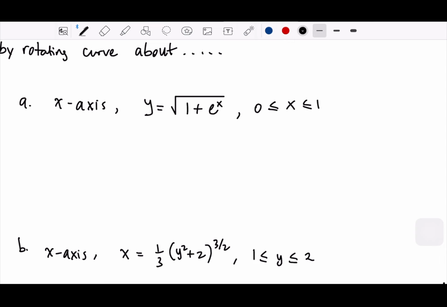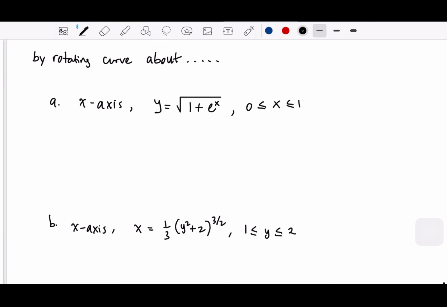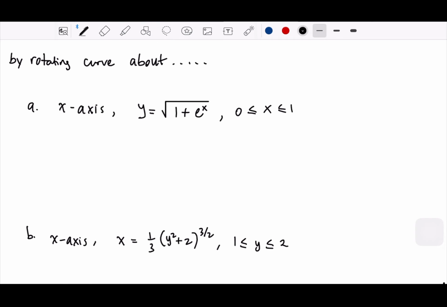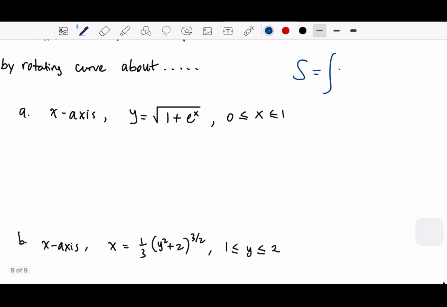First thing, remember that every time we are dealing with rotation on the x-axis, we just write a normal integration, let me write a simple one, 2 pi y ds. Just write this, it is really helpful.